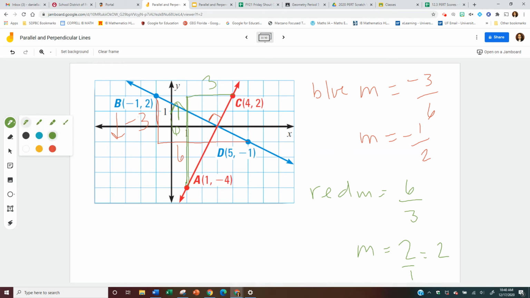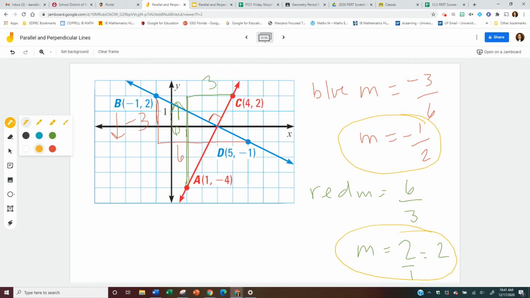I want you to compare the slope of my blue line and the slope of my red line, and tell me what you notice. What do you notice about the perpendicular slopes? You should have noticed that the slopes have the same numbers, but the numbers are in different places.